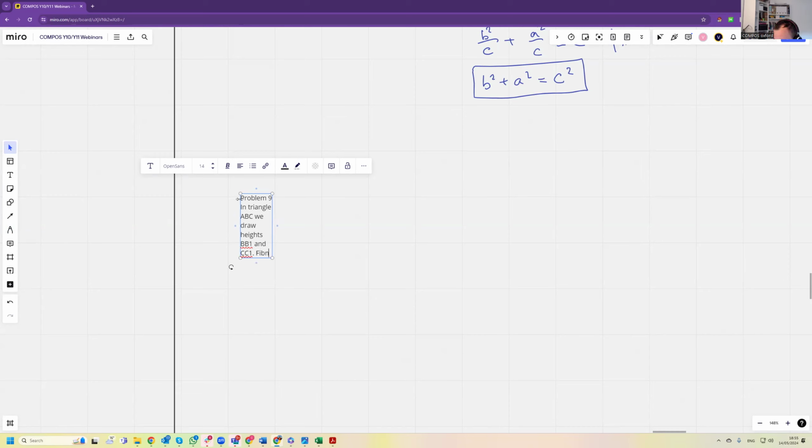Find B1C1 if angle A is 60 and BC is 6 centimeters.